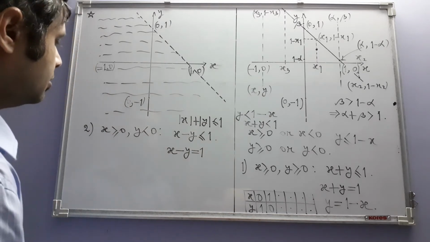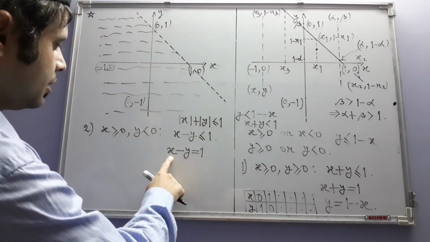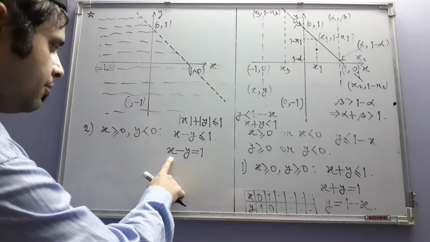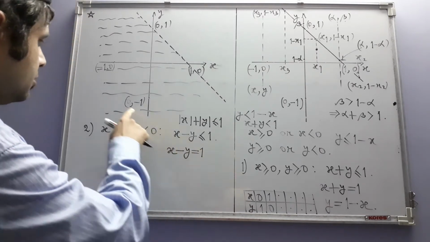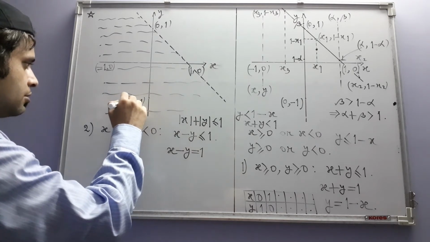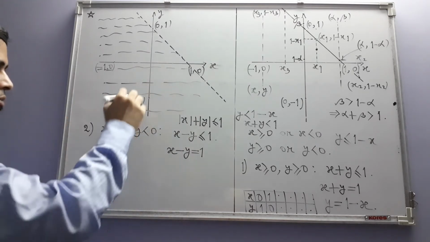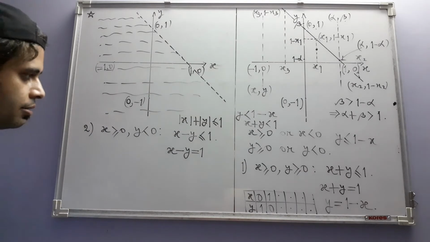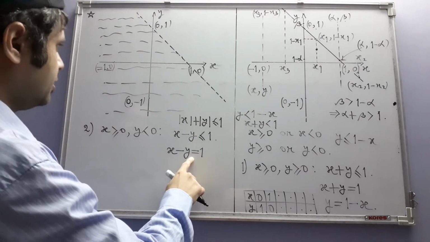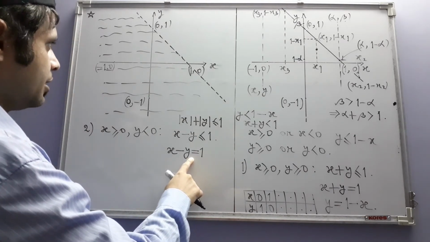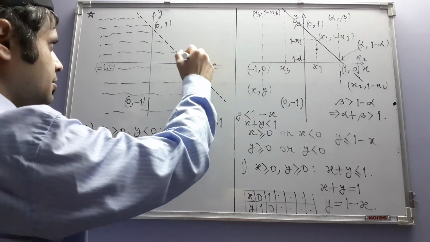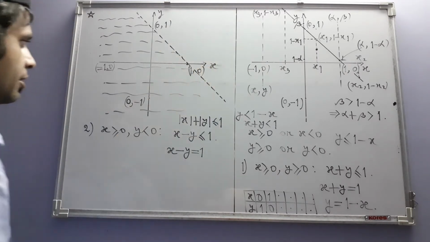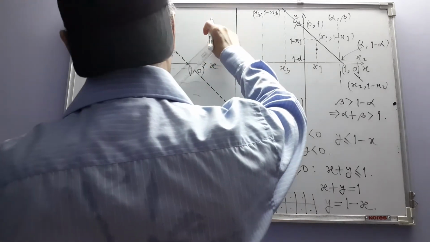So you can see that if you put x equal to 0, then y is minus 1. That means this is a point on this straight line. If you put y equal to 0, then x is equal to 1. That means this is another point on the straight line. So this straight line is this.